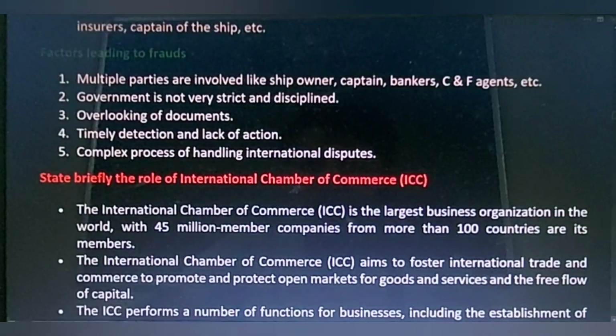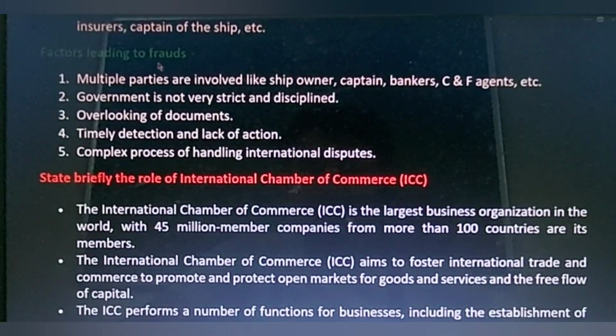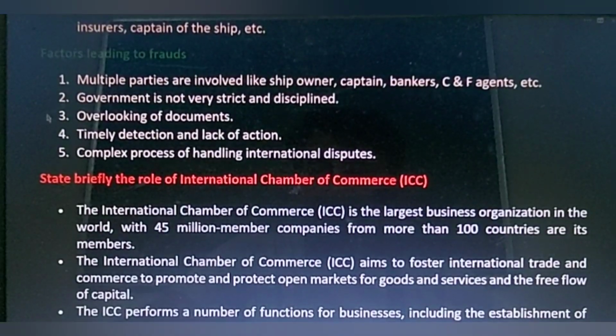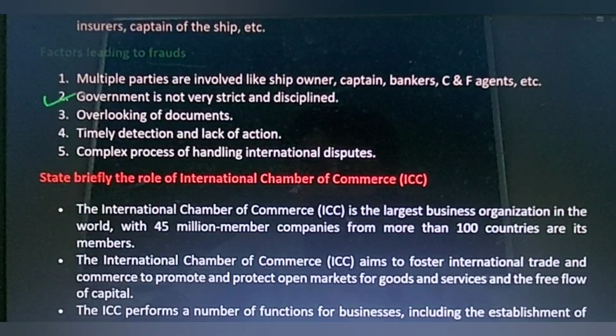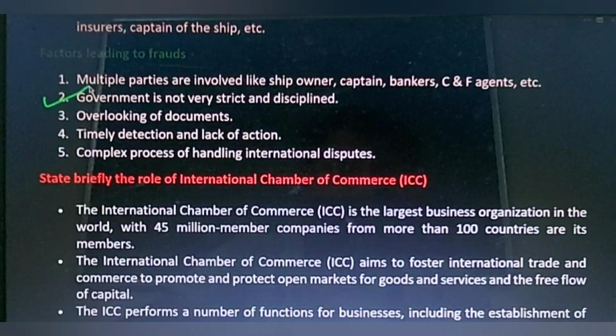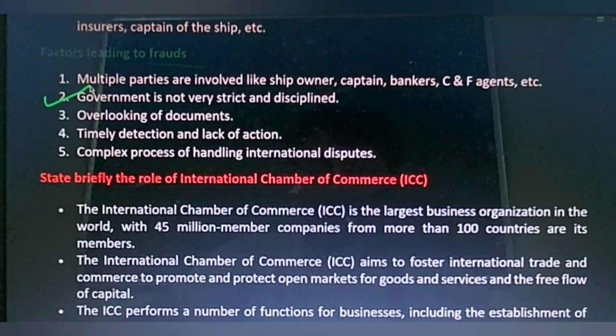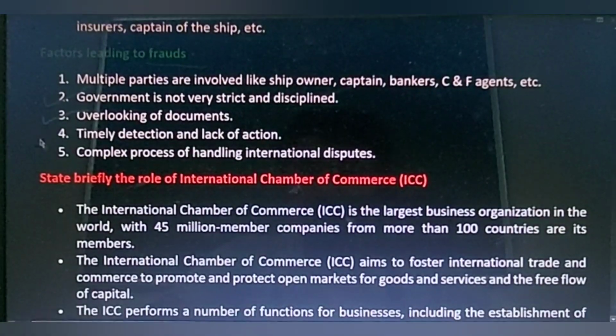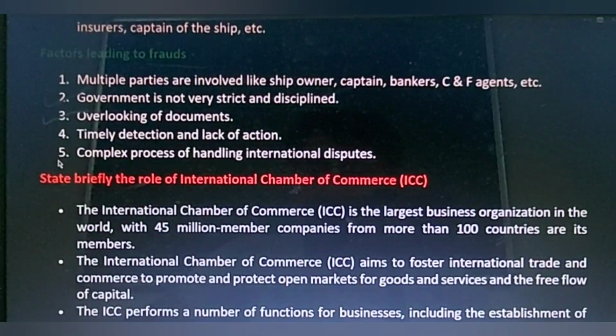And let's see the different factors which lead to maritime frauds, होते क्यों हैं? So basically, when the government is not very strict and disciplined on the international trade, and secondly, overlooking of the documents. Importers और exporters के जो documents हैं, बहुत सारे documents होते हैं, तो अगर उनकी overlooking करते हैं, and if the government is ignoring them, so that is a big blunder, big mistake, and that leads to maritime fraud.